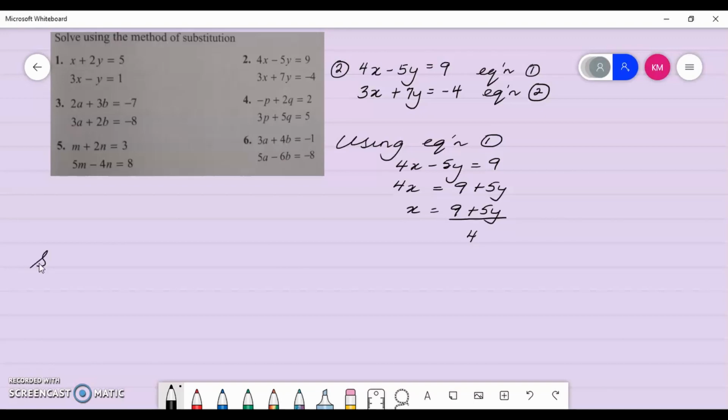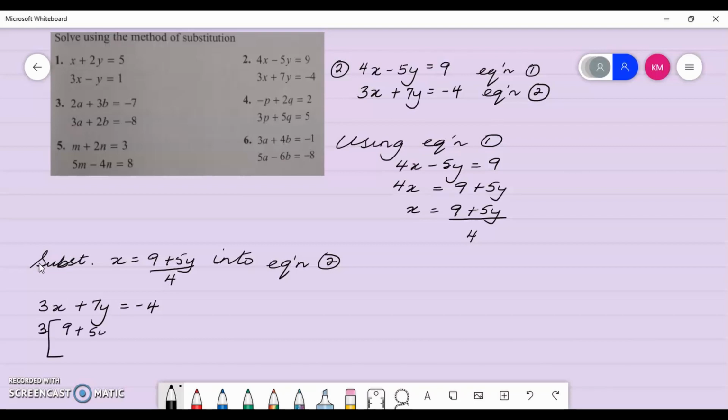My next step, I'm going to substitute that expression there, (9 plus 5y) divided by 4, into my next equation, and that is going to be equation 2. So I'm going to write back equation 2, that is 3x plus 7y is equal to negative 4. 3 multiplied by (9 plus 5y) divided by 4 plus 7y is going to be negative 4.